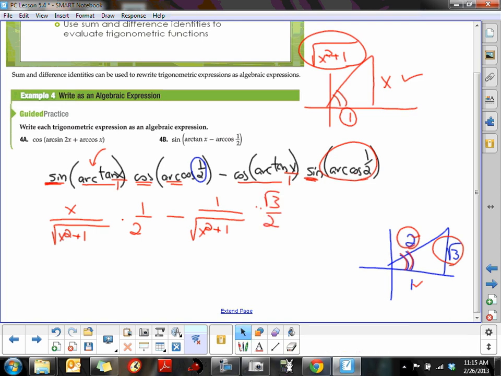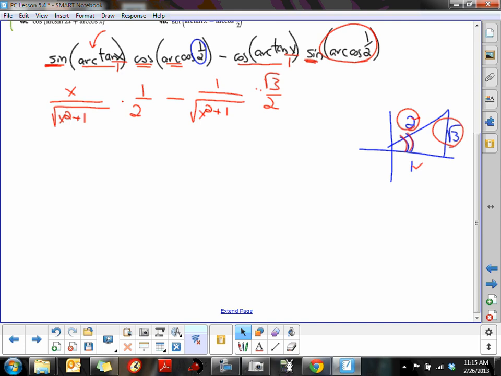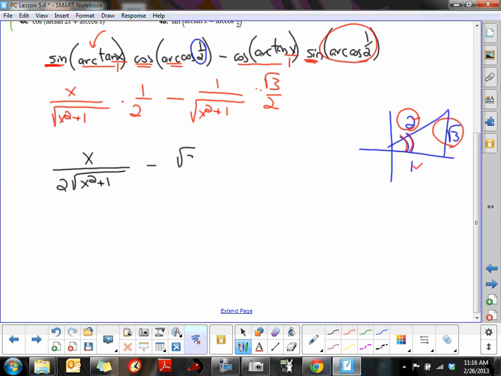So we have the hard work done. Now it's just a matter of doing a little simplification. So we're going to have x over 2 times the square root of x squared plus 1, and then minus the square root of 3 all over 2 times the square root of x squared plus 1. And now it's a matter of rationalizing.